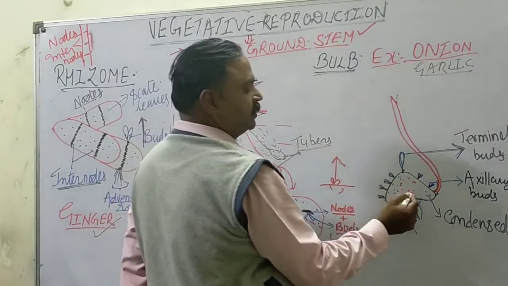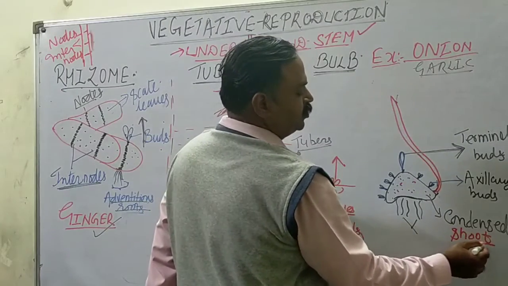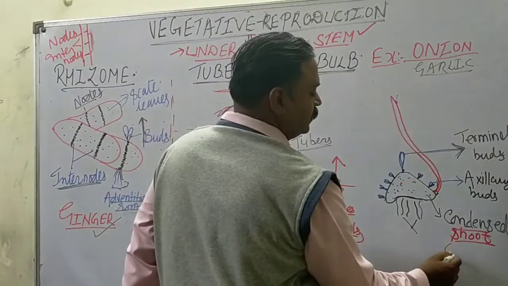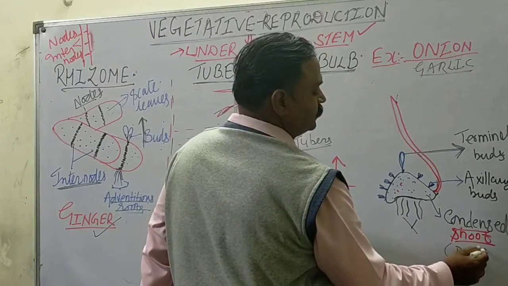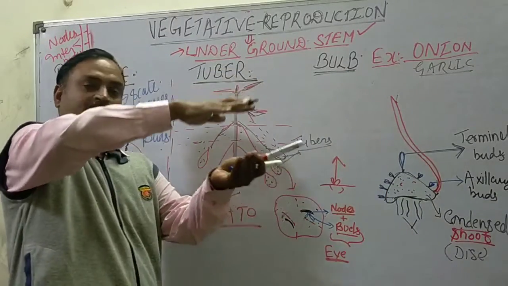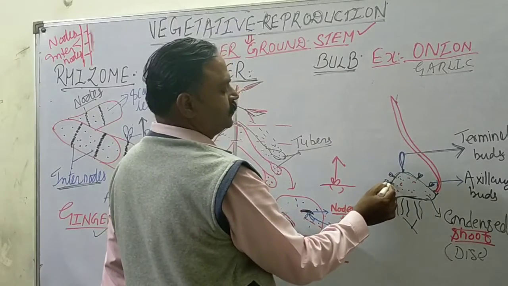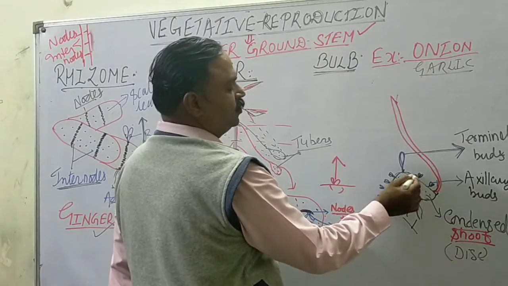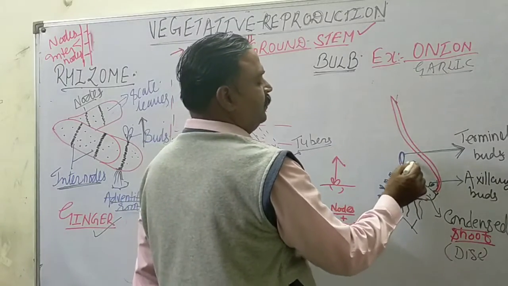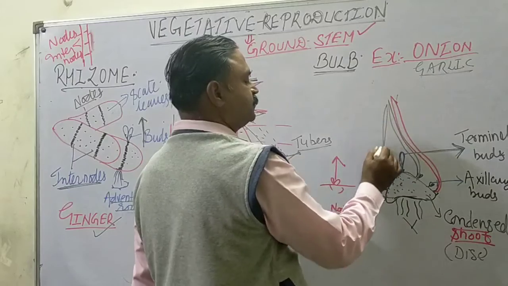This is the condensed shoot or stem, and that becomes disc-like. Since the stem is condensed, nodes will come here. These are the nodes, and these nodes will give rise to buds. These buds develop into fleshy leaves that we eat as vegetable.